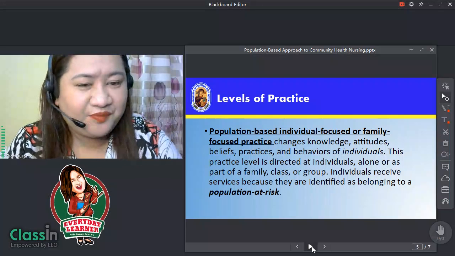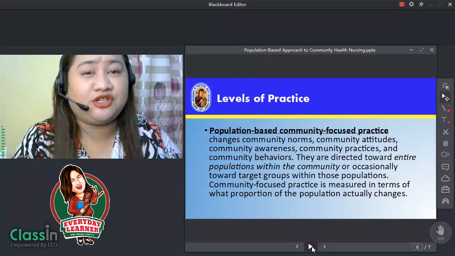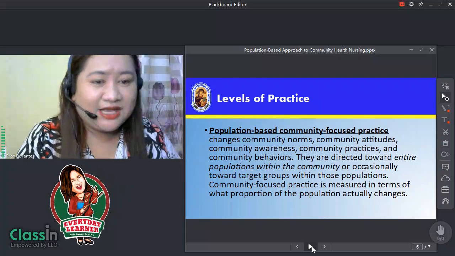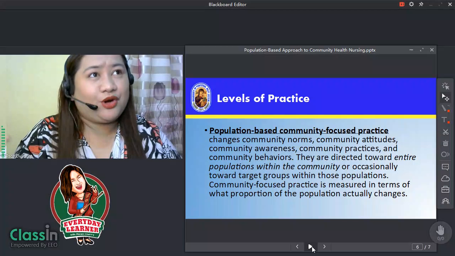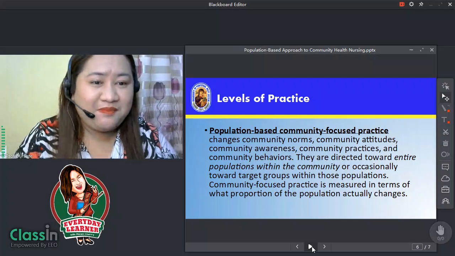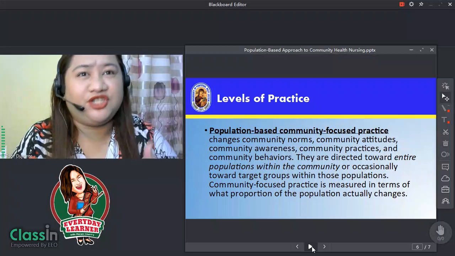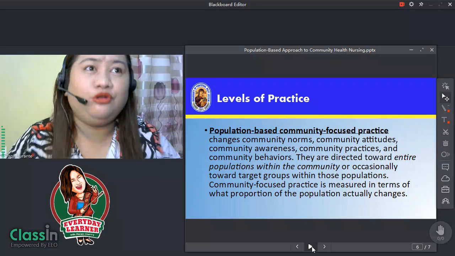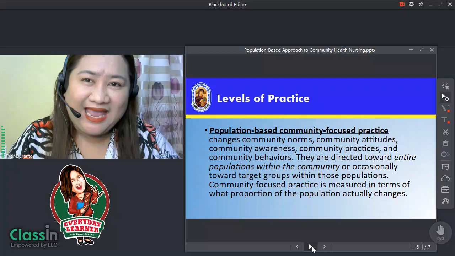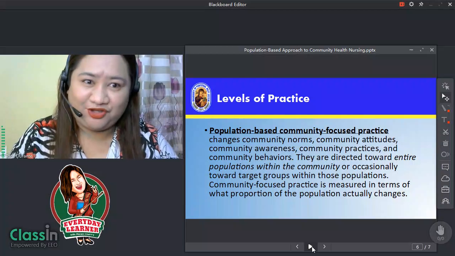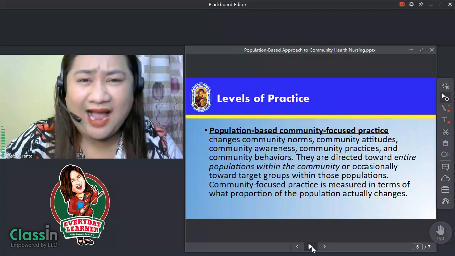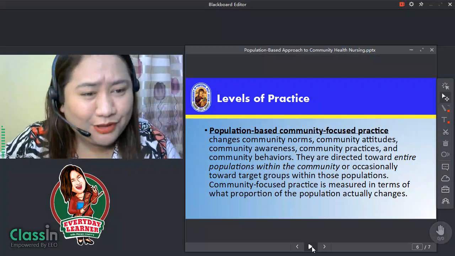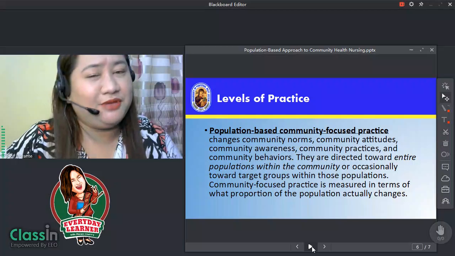Another level of practice is population-based community focus practice. What does this mean? That what you want to change with the implementation of your intervention is the cultural norm within your target population. Okay, so the community attitude, the community awareness, the community practices, and community behaviors.